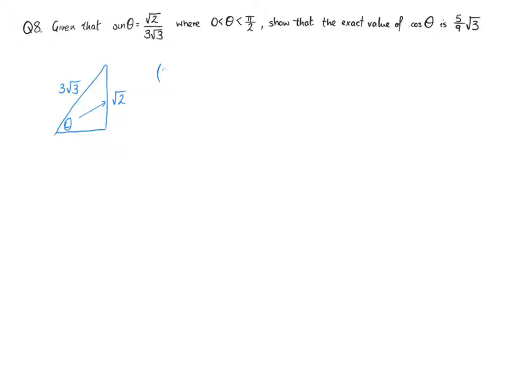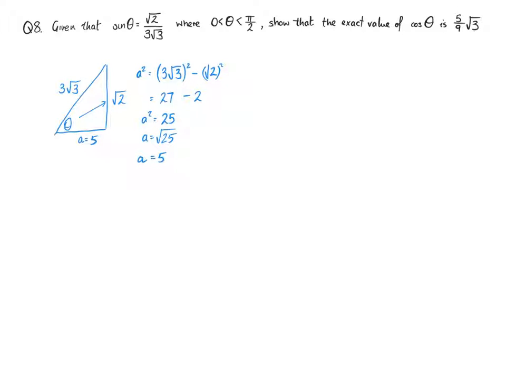So that's going to be 3 root 3 squared. I'll just give this a letter for now. Take away the square root of 2 squared. So 3 root 3 squared is 3 squared times 3, so that's 27. Take away 2, 27 minus 2 is 25. So a squared is 25. So a is the square root of 25, which is 5.